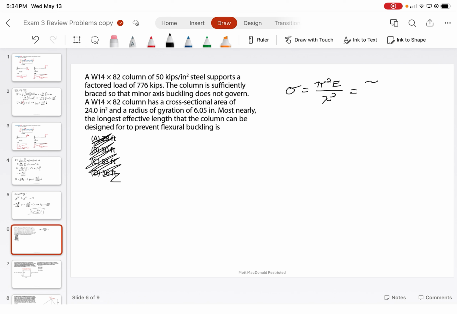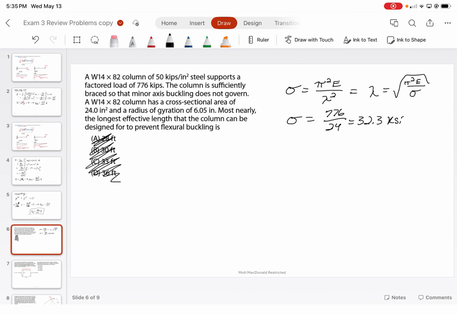I first rewrote this so the slenderness ratio squared is equal to pi squared E divided by sigma. Now, sigma is also equal to P over A, so it's 776 divided by 24, which gave us a stress of around 32.3 KSI.